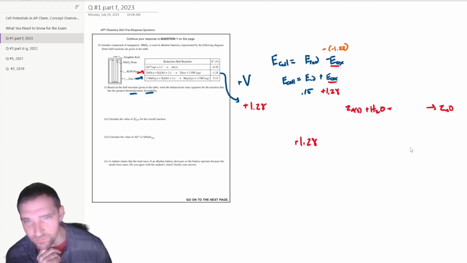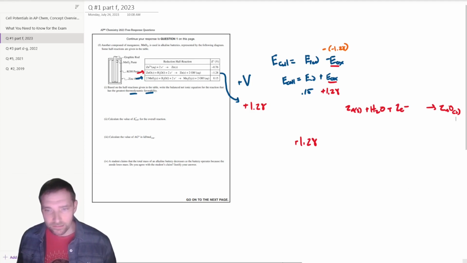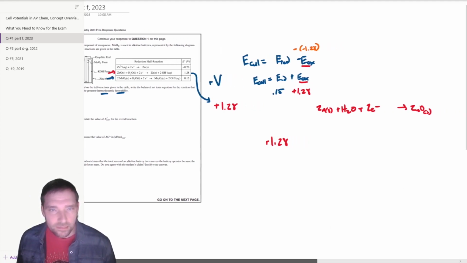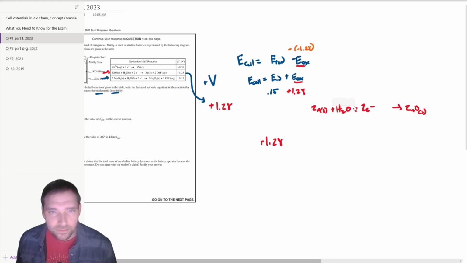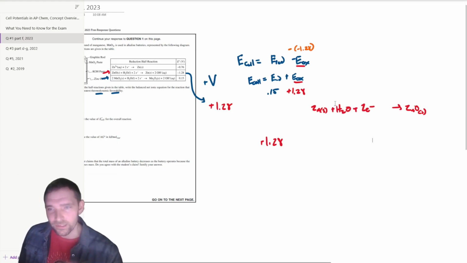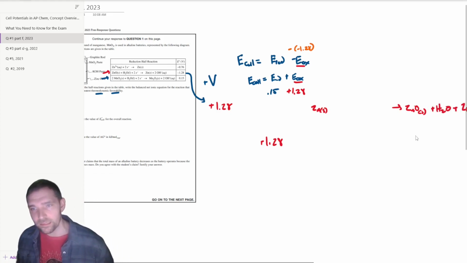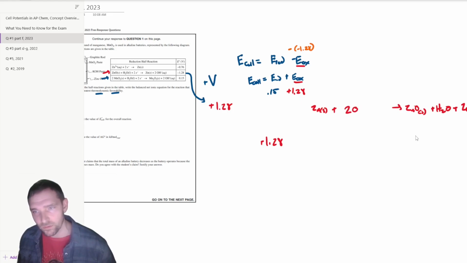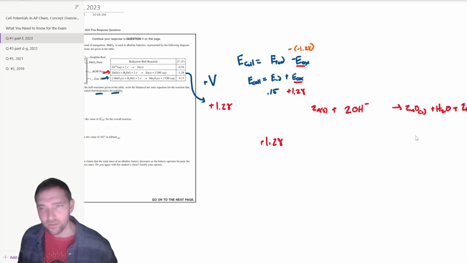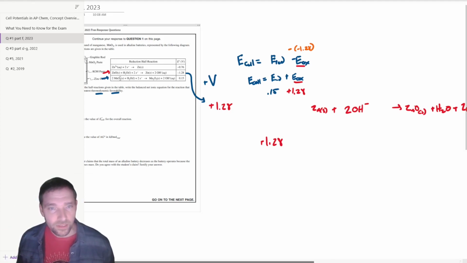The nice thing is that these both have 2 electrons in them, so they'll cancel out nicely. I've got the zinc oxide, that solid. Actually, I'm messing this up. If I flip my sides, I now need the water over here with the zinc oxide and the 2 electrons, and then the zinc that's solid is going to be with the 2 OH minus. So now the reactants that were on one side are now the products because we've flipped the reaction. So we've got that one flipped.